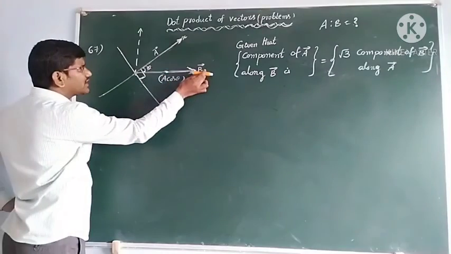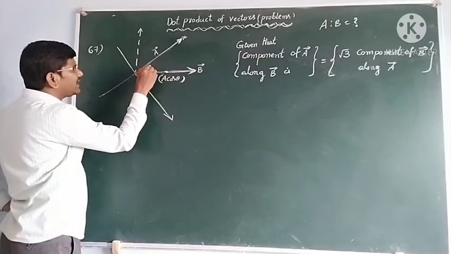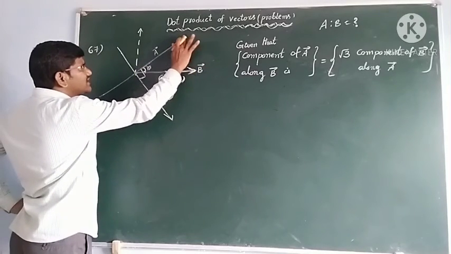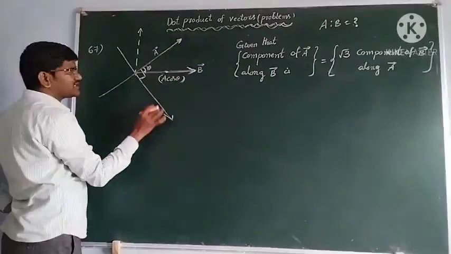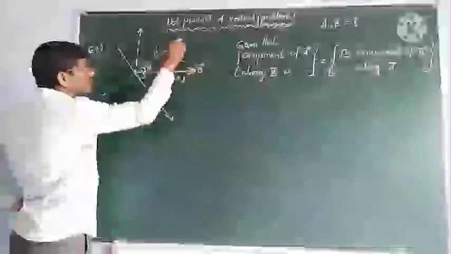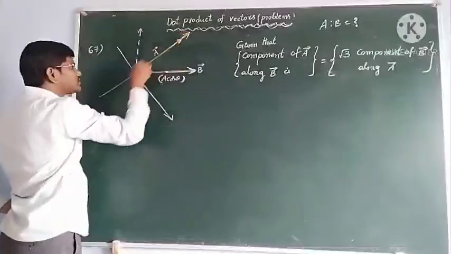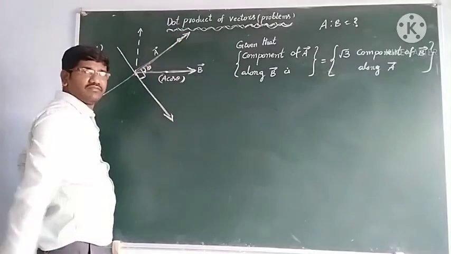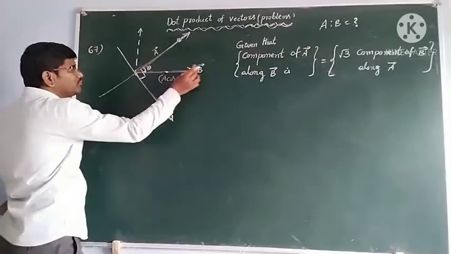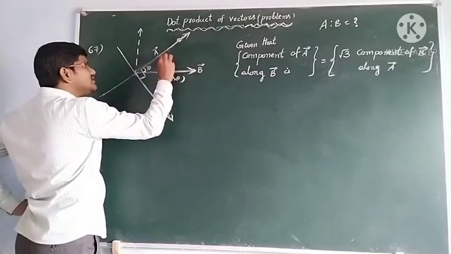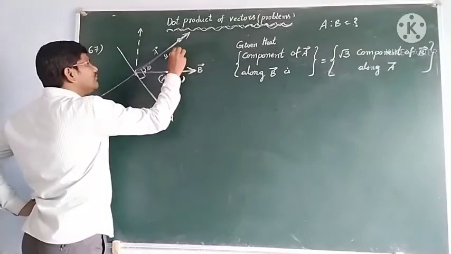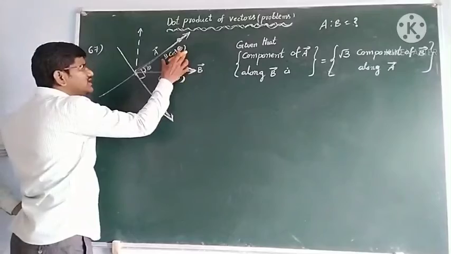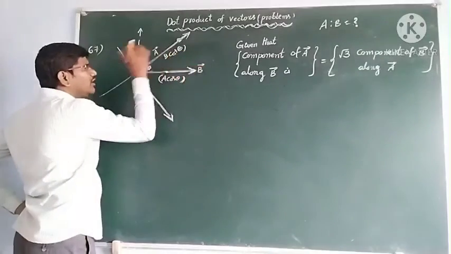This b bar vector is making theta angle with a bar. I am resolving this into two components. Consider this as the x axis, this is the y axis, these two are mutually perpendicular. So the b component this side is b cos theta. Okay students, b cos theta is the component of b bar along a bar.